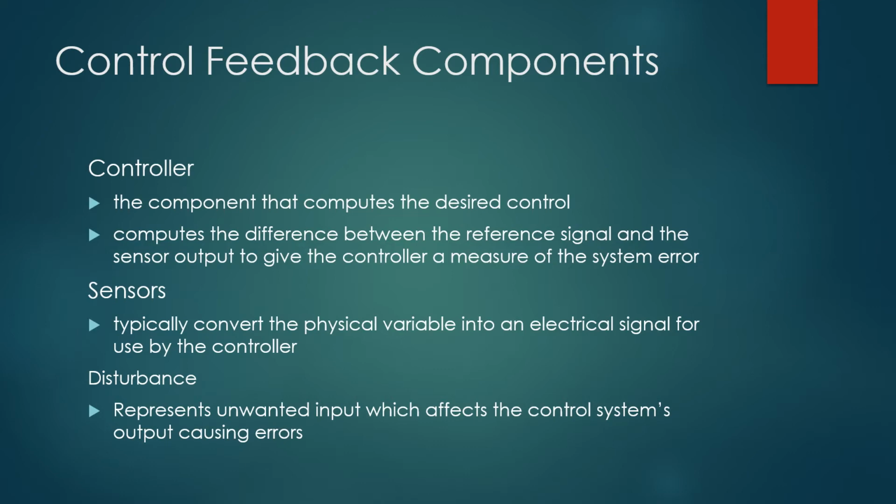Ideally, there should be zero disturbance and zero sensor noise, but it is impossible. The only thing we can do is not eliminate them, but minimize their effect on the output.